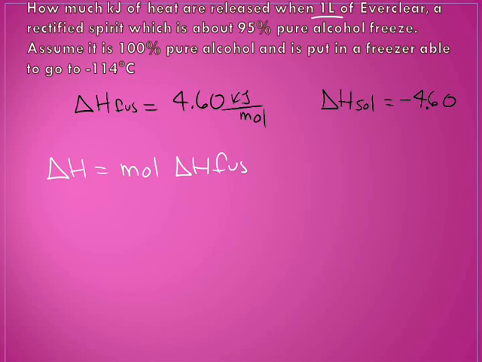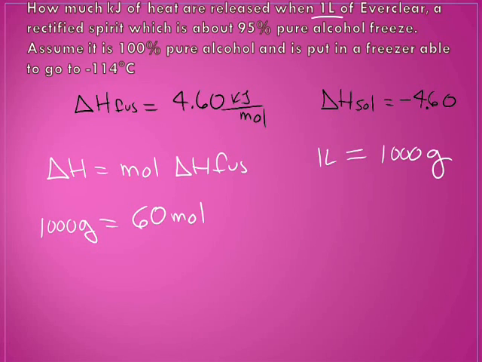Again, 1 liter of Everclear, 1 liter we found out to equal 1,000 grams. And so 1,000 grams, from the same problem as last time, equals how many moles? That again equals 60 moles. Let's just plug this in.